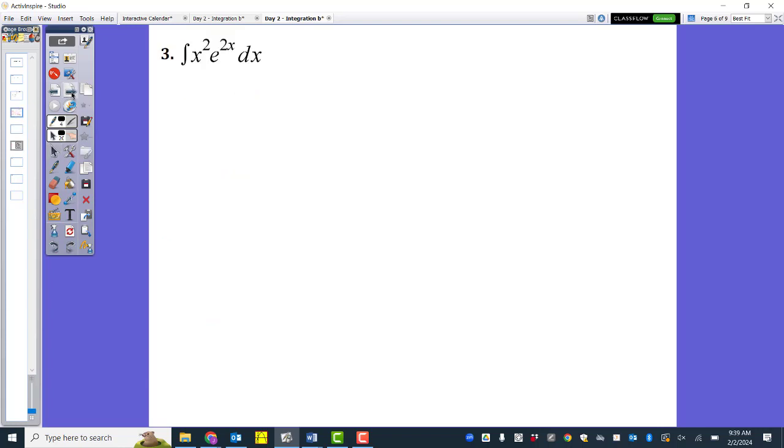All right, so that's an example problem, but let's look at one where you might have to do it twice. So one like this. You'd pick your u and your dv. You take the derivative and integrate.